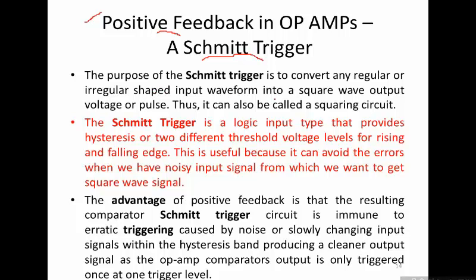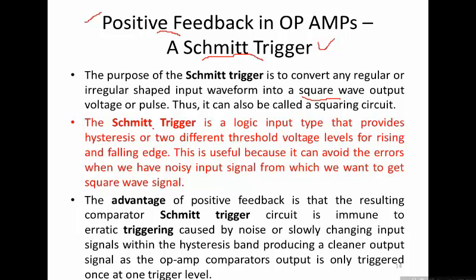It always produces an output which would be a square wave. That is, it can also be called a squaring circuit. So the Schmidt trigger is a squaring circuit which takes input of any shape but produces a square wave output.